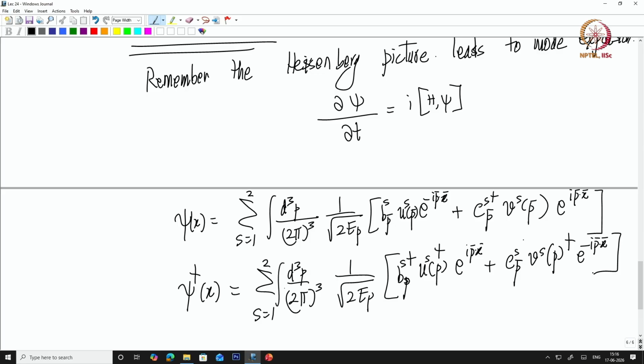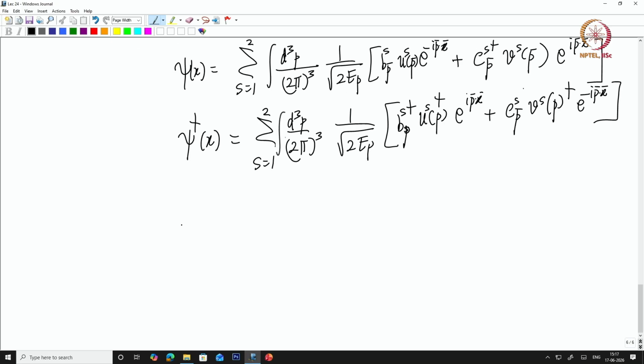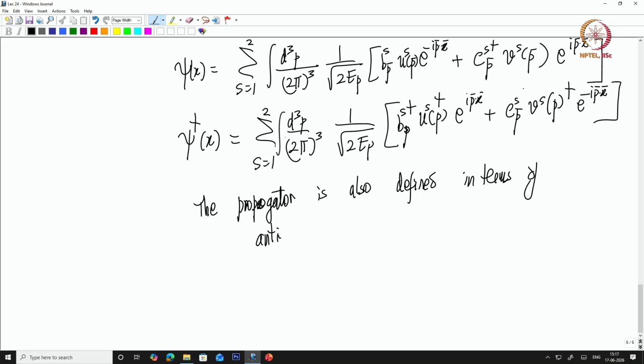Okay. Now with this, because we want to use this mode expansion in computing the propagator, we define the propagator in terms of anti-commutation relations. Essentially, again the same way, the propagator is also defined in terms of an anti-commutation relation.